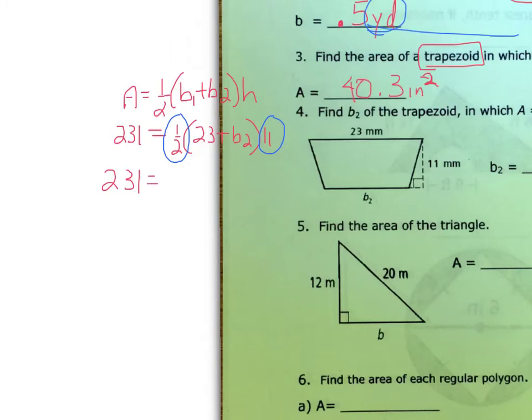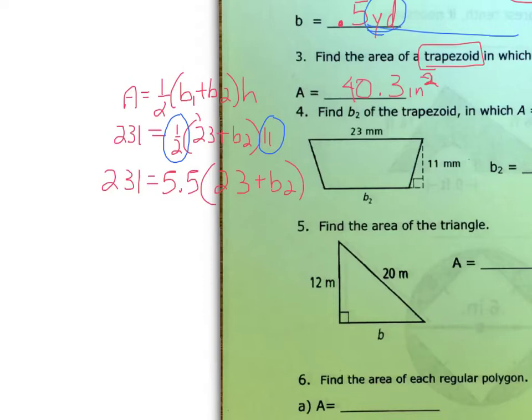So let me rewrite that. 231. The 1/2 is distributed; if it's within the parentheses, you have to distribute within the two of them. But let's hold on to that. Let's just multiply the 1/2 times 11. It's 5.5. And then let's recopy the parentheses: 23 plus b sub 2. John, stay with me.